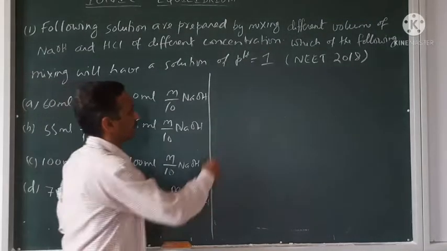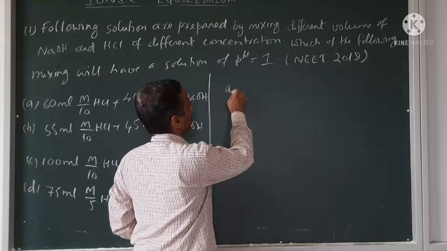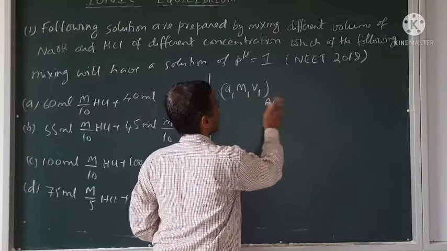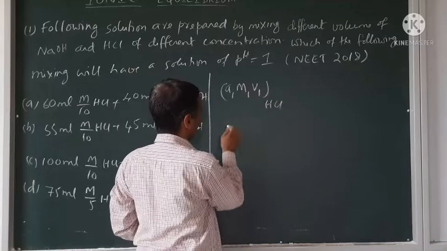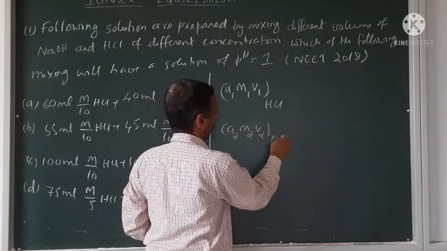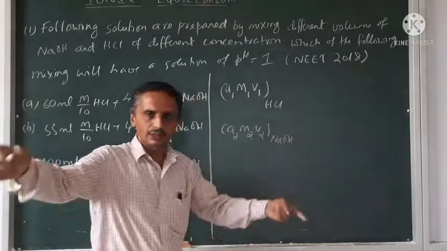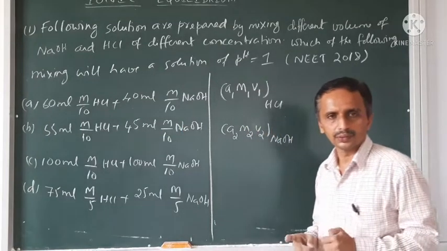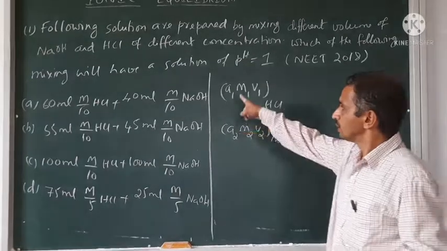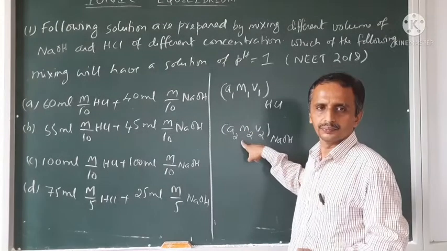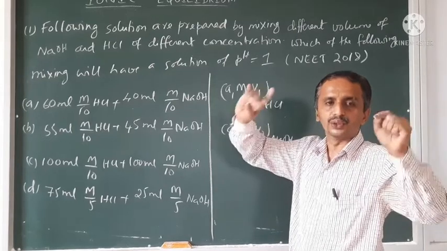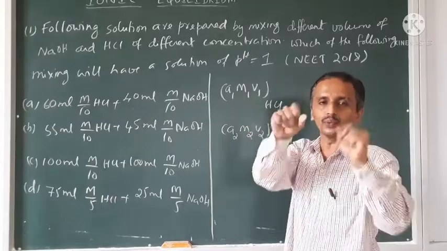See, for A, you see, A1, M1, V1, this is for the acid, that is HCl. A2, M2, V2, this is for sodium hydroxide. Because in the previous video I mentioned, when an acid is mixed with a base, the difference should be taken. Then you have to get the concentration of what remains over there.